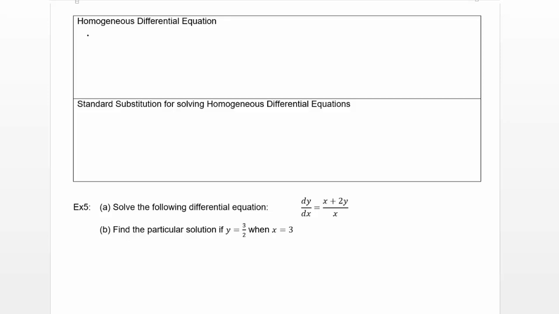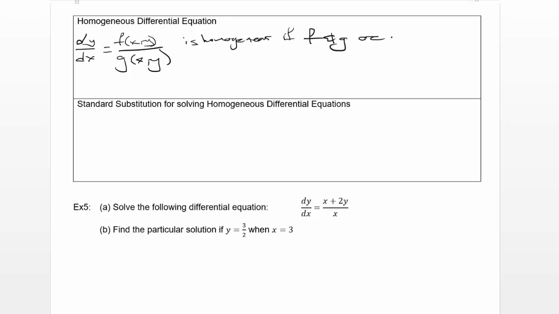We say that the differential equation dy dx, if it can be written as a function of x and y divided by a different function of x and y, a differential equation of this form is homogeneous if f and g are each homogeneous and of the same degree.